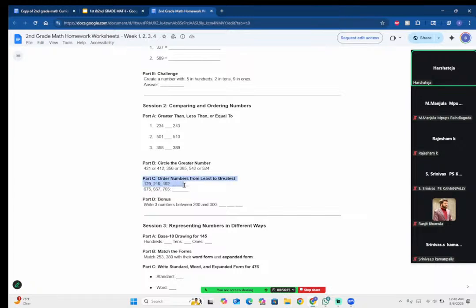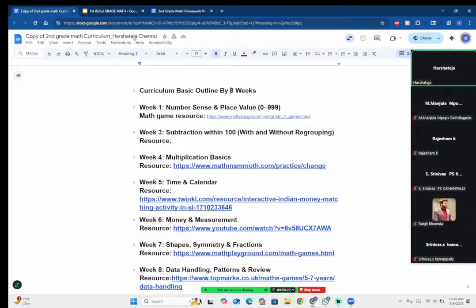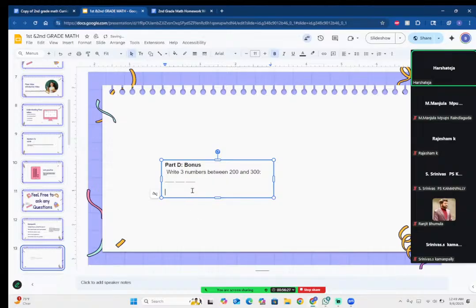I think this is good. So here, write 3 numbers between 200 and 300. So we're looking for a number between 200 and 300. So starting from the hundreds place, we'll take 200 since we can't go over 300.